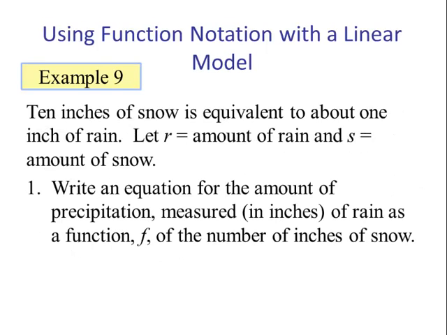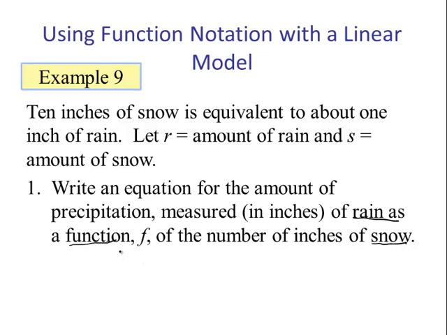Example 9. 10 inches of snow is equivalent to about 1 inch of rain. Let R be equal to the amount of rain and S equal to the amount of snow. Write an equation for the amount of precipitation measured in inches of rain as a function f for the number of inches of snow. So we want to write rain as a function of snow.